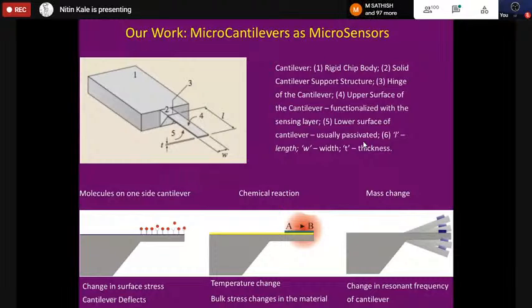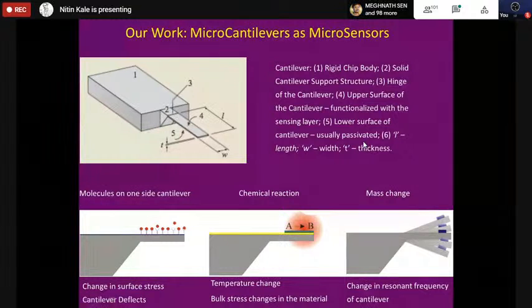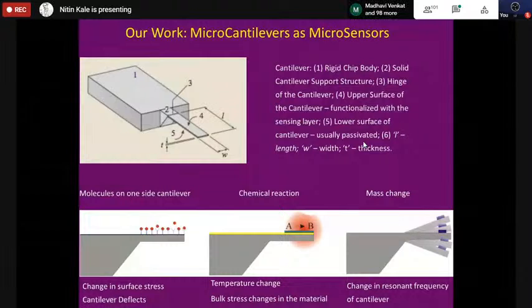Since this material is stuck with this material, and the temperature coefficients of expansion are different for the two materials, the cantilever has no other option but to bend. So it can bend upwards or it can bend downwards.